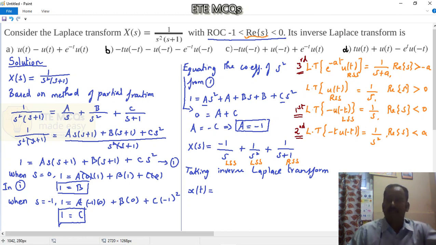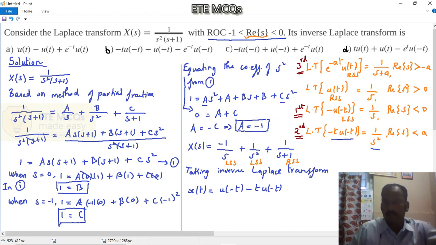Now based on this, we are supposed to find the inverse Laplace transformation so that the region of convergence is satisfied. Since you have a minus sign here, you should have u of minus t. And for the second one, 1 by s squared, the inverse Laplace transformation is minus t into u of minus t.